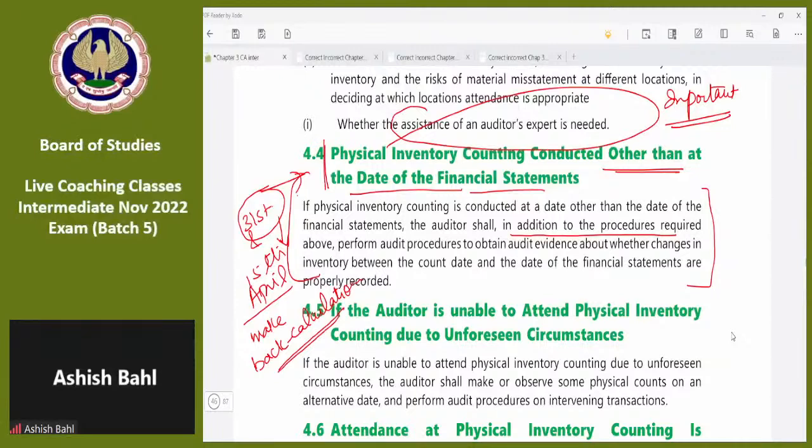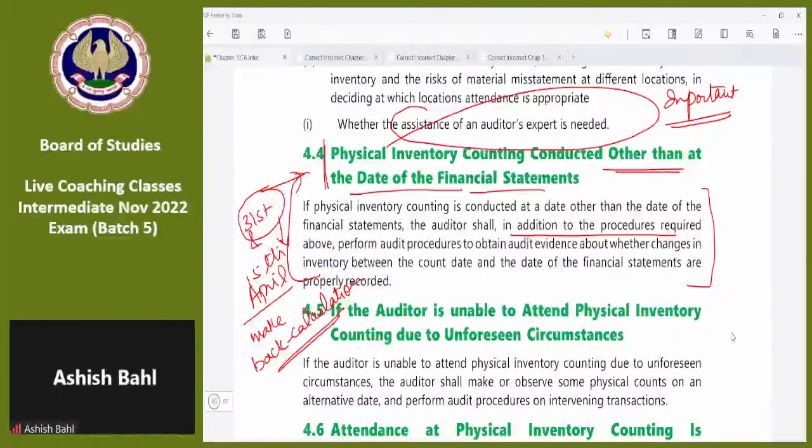What sort of back calculation would he make, guys, to arrive at the quantities of inventories as on 31st March?